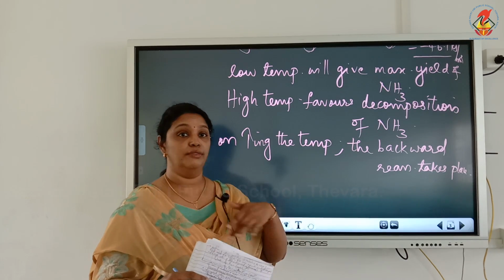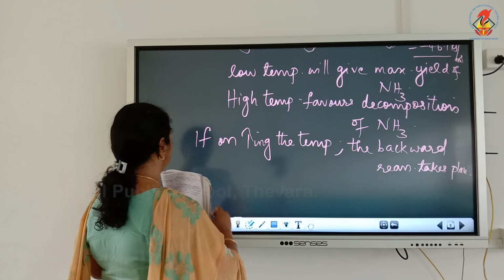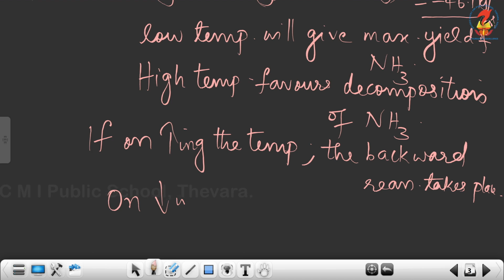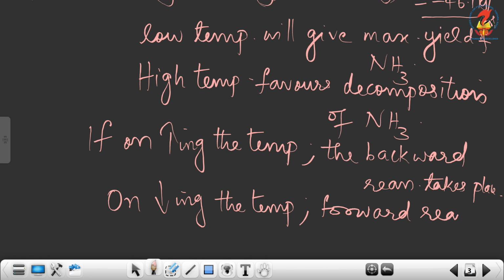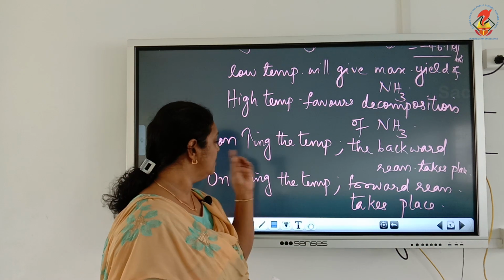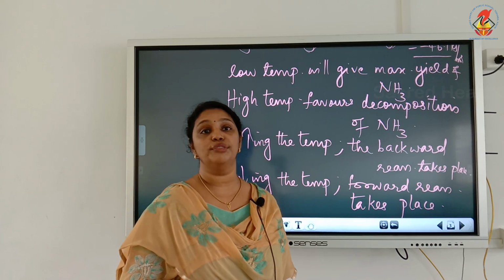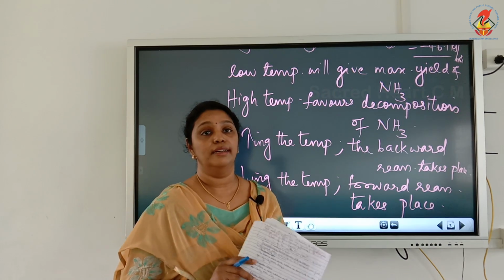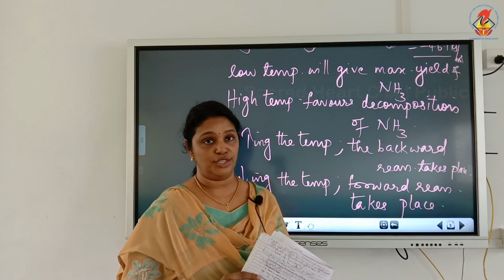So on decreasing the temperature, the forward reaction takes place. This is the effect of change of temperature on equilibrium of a reaction.